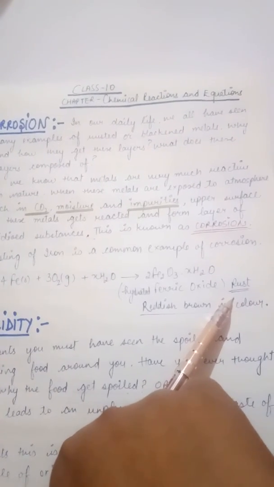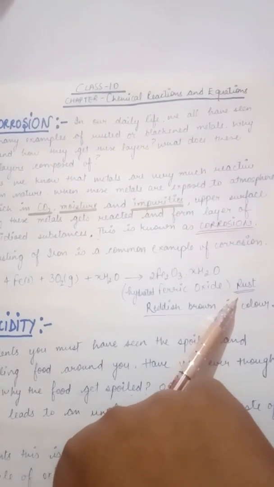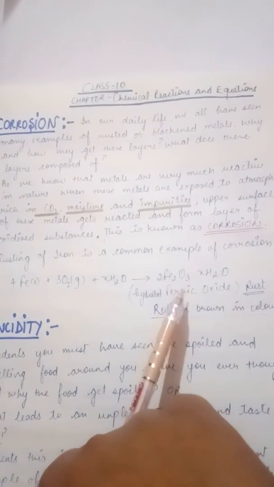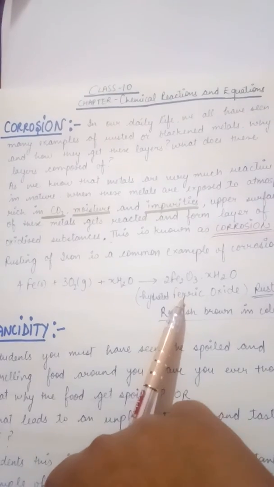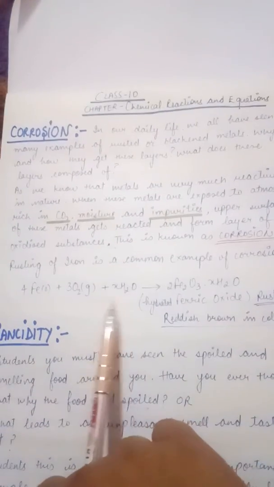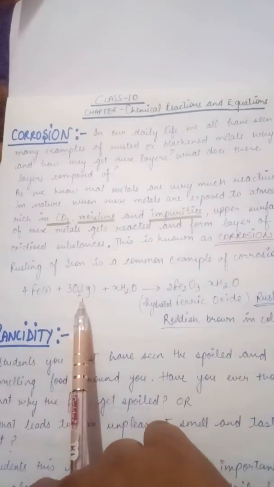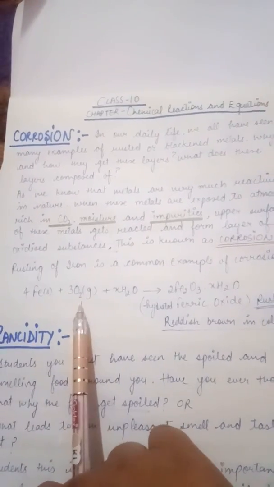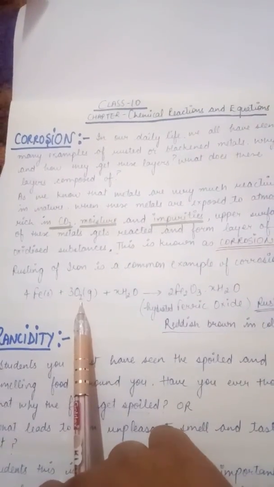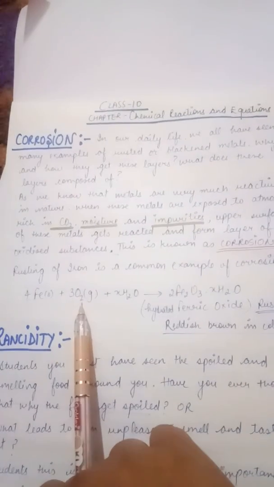So rusting of iron is nothing else. It is the formation of hydrated ferric oxide on the surface of iron. And the formation of rust is enhanced if there is a lot of moisture and if iron is exposed to the atmosphere, as oxygen is there in the atmosphere in huge quantity.